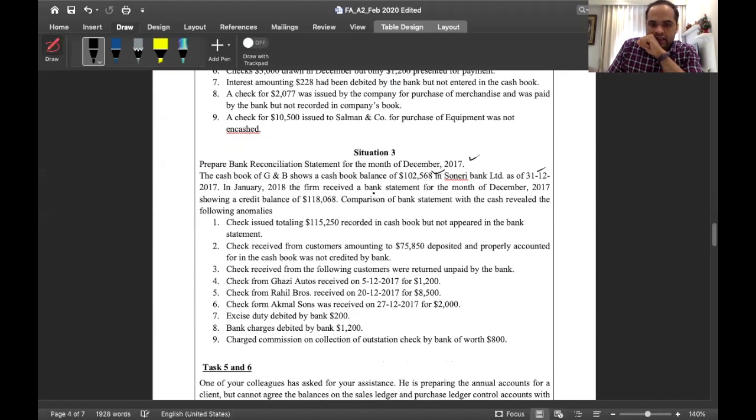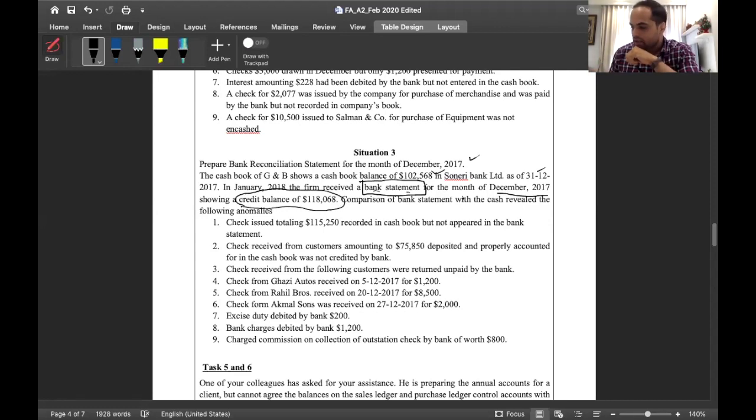Finally, it says the bank statement for the month of December shows a credit balance, which means a passbook credit balance.